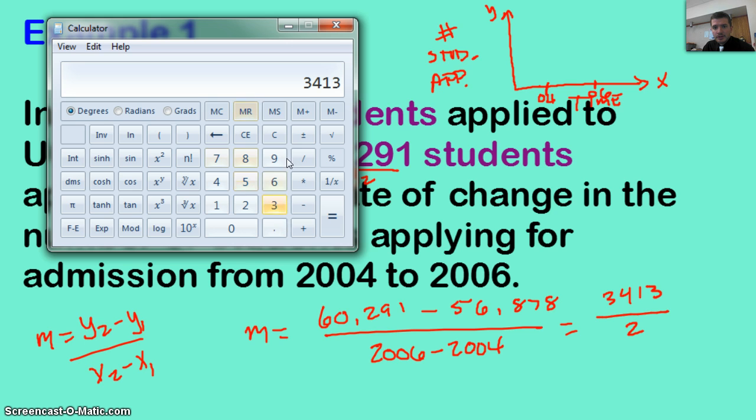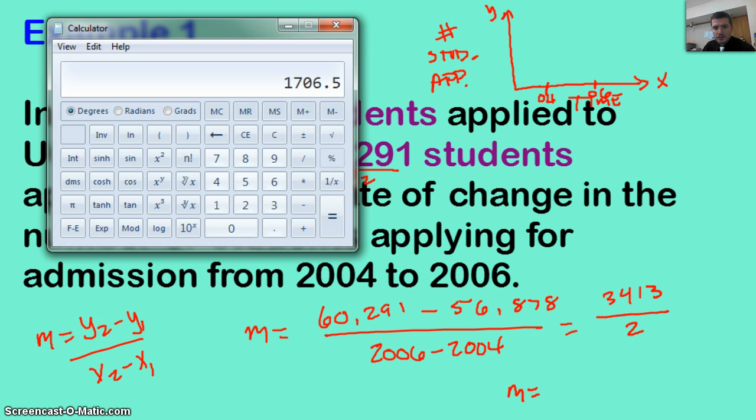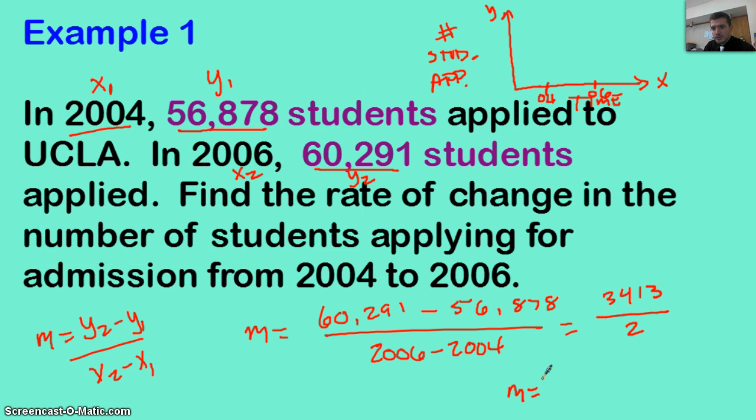So 3,413 divided by 2. Our slope, or our m, will be 1,706.5. And it says that it's a rate of change, so let's say 1,706.5 students per year.